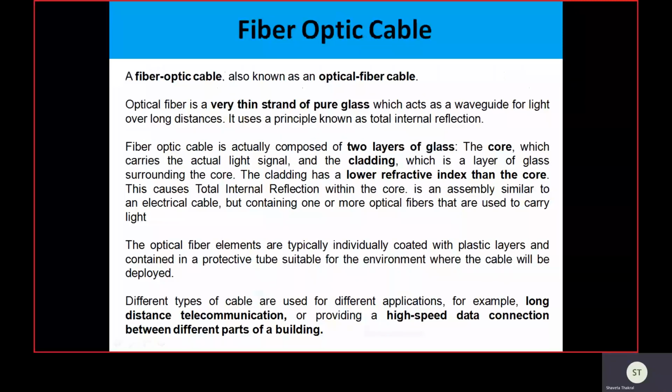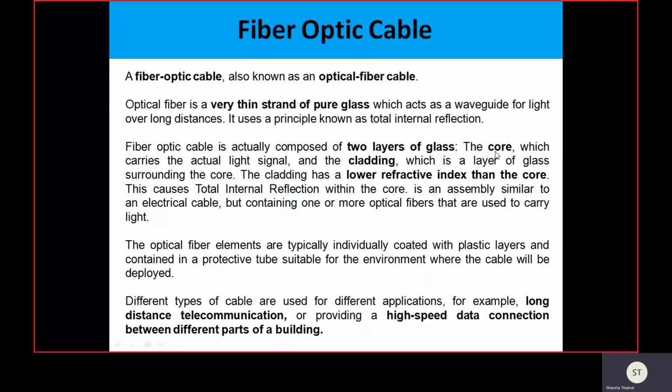Then the next cable is the fiber optic cable. The fiber optic cable is basically a very thin strand of pure glass, used for long distance communication, and it works on the principle of total internal reflection. In the fiber optic cable, basically two layers of glass are there.